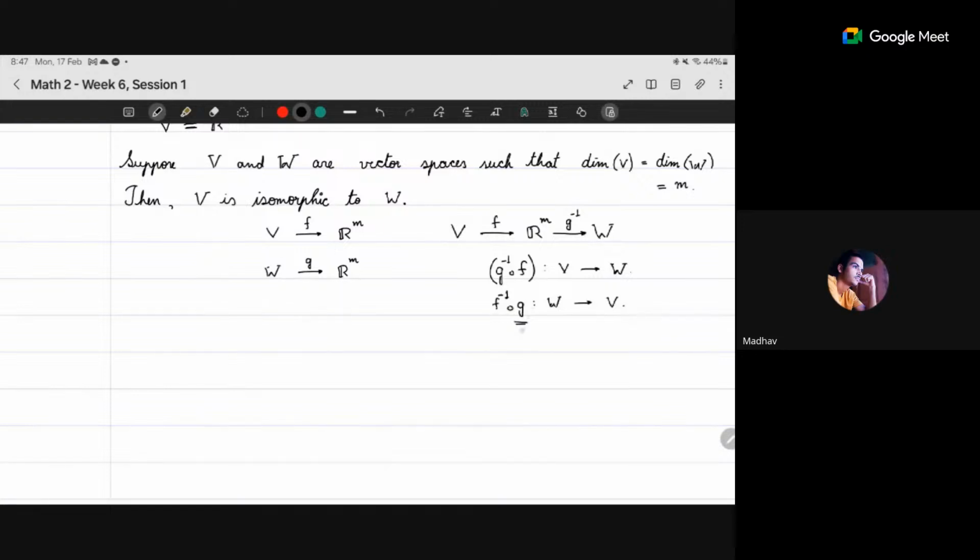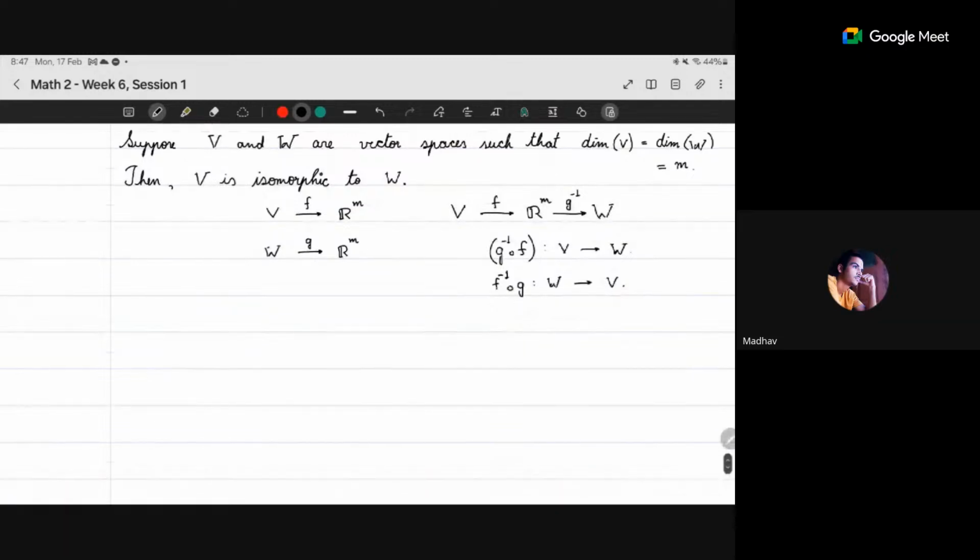So the function that acts first comes over here, which is maybe a little confusing, but once you get used to it, it's fine. First you'll do G and then you'll do F inverse, but you'll write it as F inverse of G.